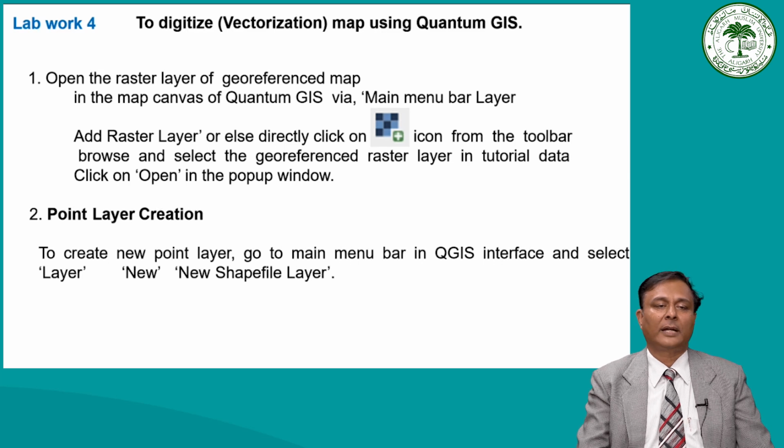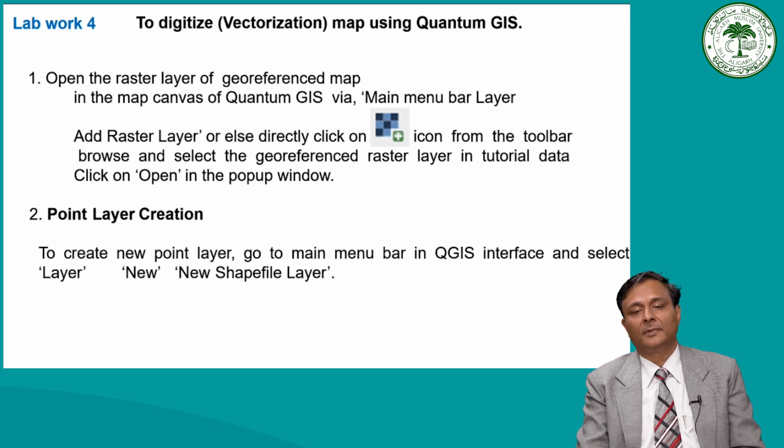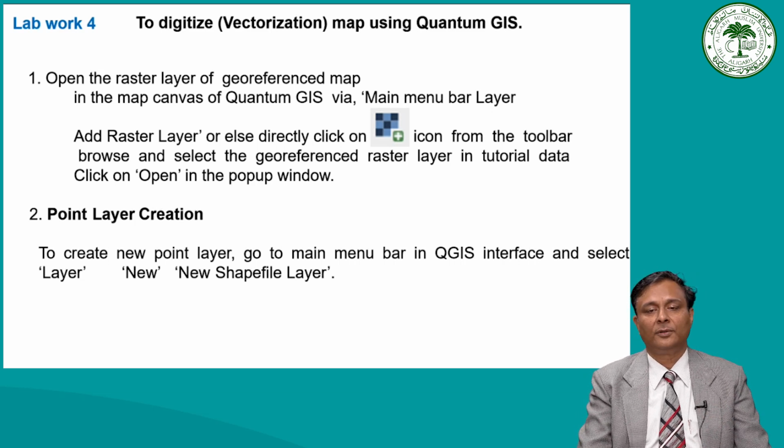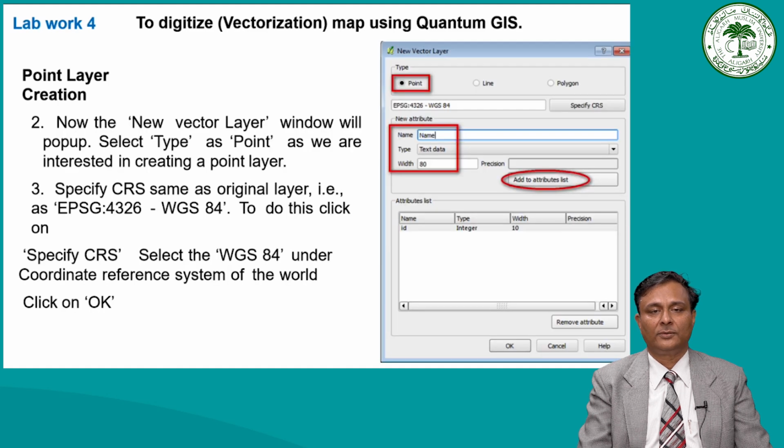I would be explaining this within the software also. But first we would go to create point layer. From the menu bar, from the QGIS interface, we would select Layer, then New Shapefile. Okay, I'll show you, like here. And then within the new vector layer, we have to select a point.